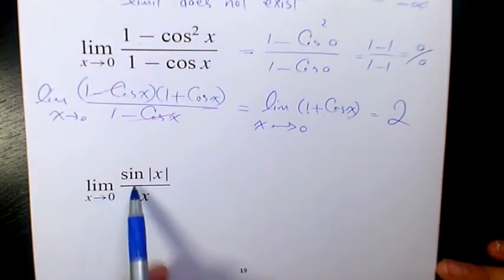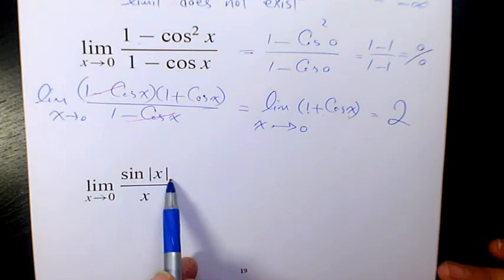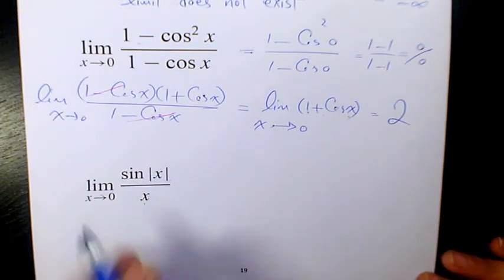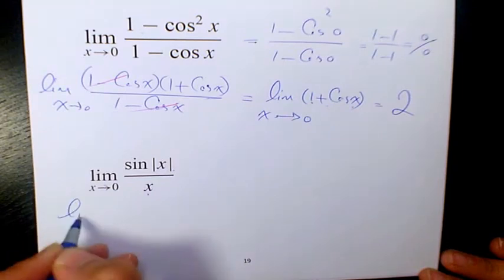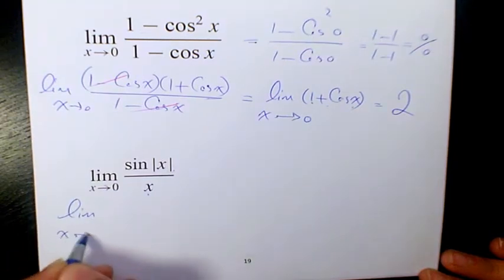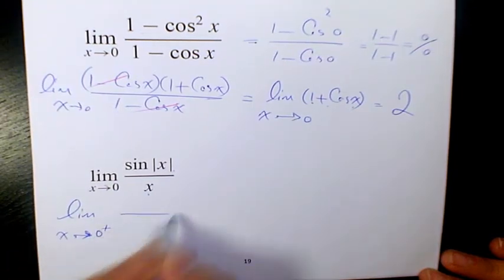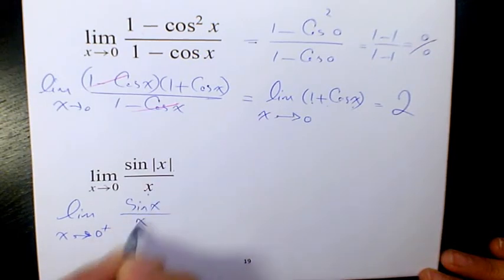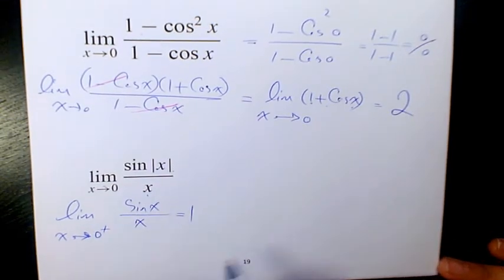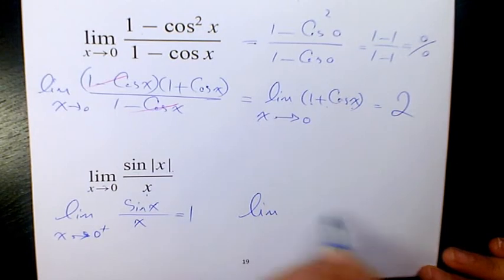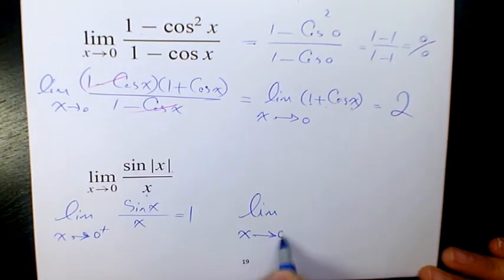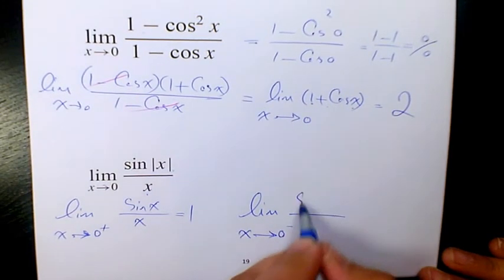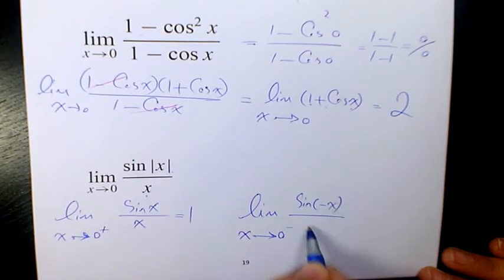Now here, the limit of sine of the absolute value of x over x. So we have two cases. When x is going towards 0 from the right, that's going to be sine x over x. We know it from before, that's going to be 1. On the other hand, when x approaches 0 from the left, it's going to be sine of negative x.